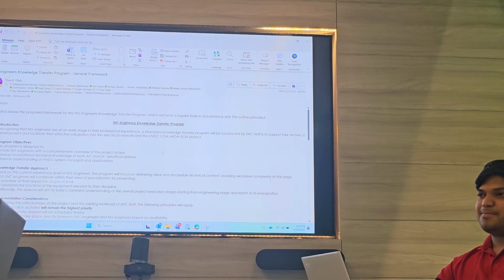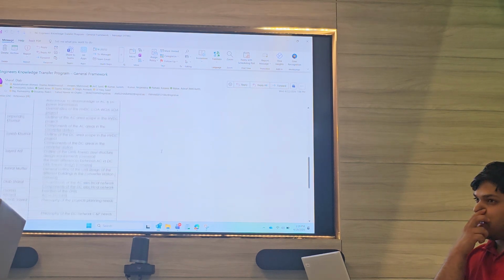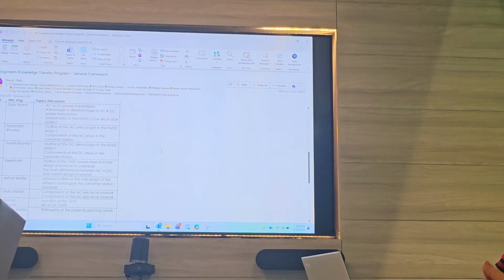Okay, no problem, we don't have the time. Then, what are the other components? Insulators, that circle thing, that's called an insulator. And what else?